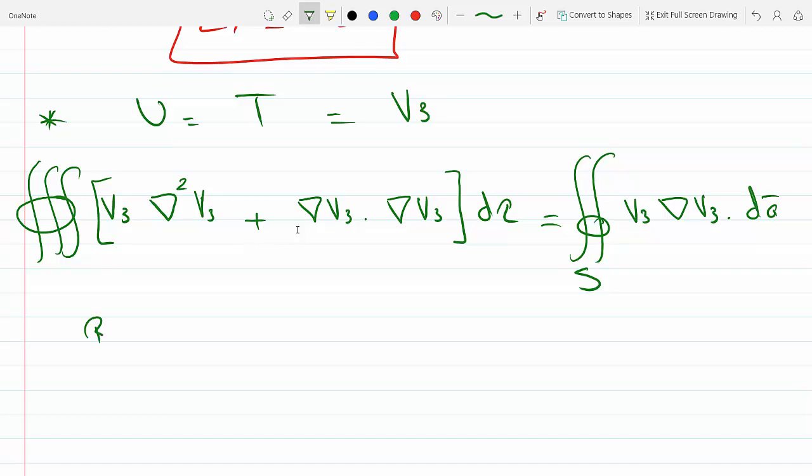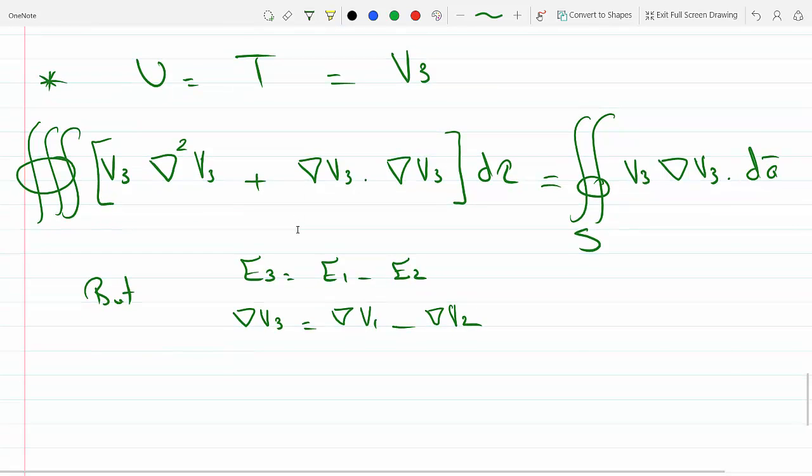But remember, we called E3 to be E1 minus E2, and therefore E3, the gradient of V3, equals the gradient of V1 minus the gradient of V2, because the gradient of V1 is E1 and the gradient of V2 is E2.